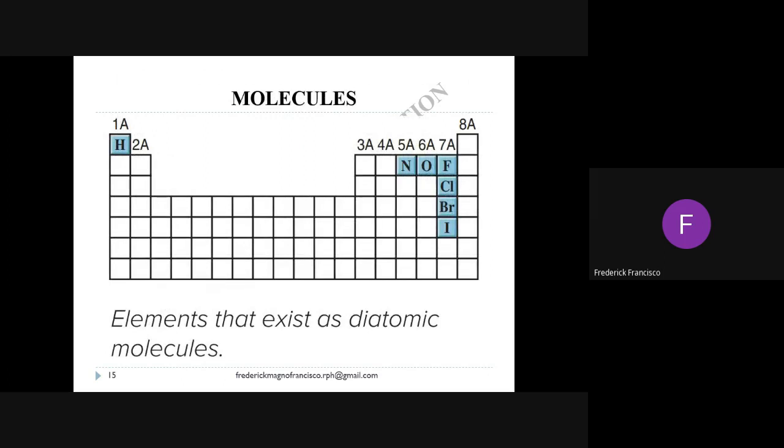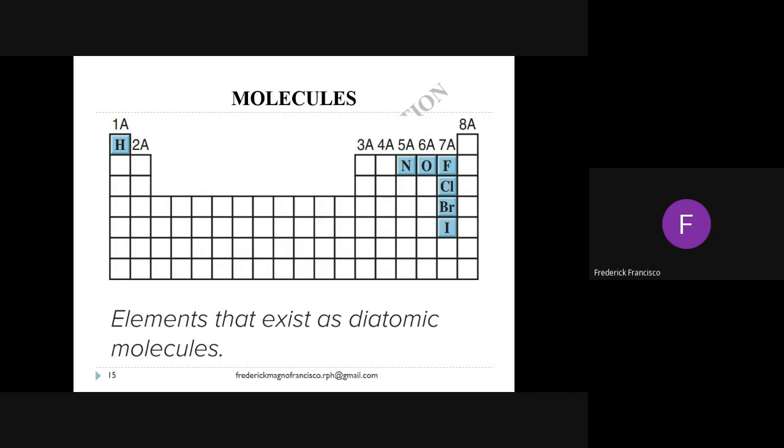A molecule is an aggregate of at least two atoms in a definite arrangement held together by chemical forces, also called chemical bonds. A molecule may contain atoms of the same element or atoms of two or more elements joined in a fixed ratio in accordance with the law of definite proportions.